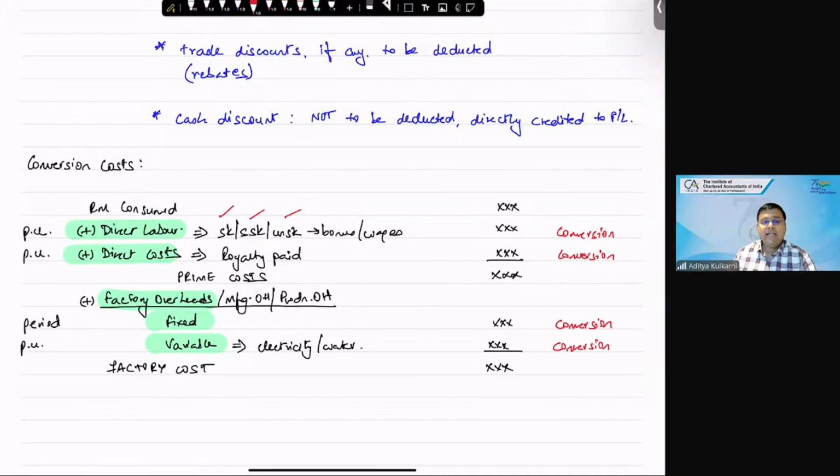Yes. And then you will have certain direct costs like royalty paid. Suppose you are buying a material with a brand name to sell that. So you are profiting, you are able to get more sales because of that particular brand, for which you need to pay a specific royalty.